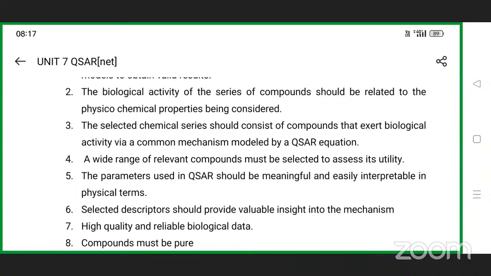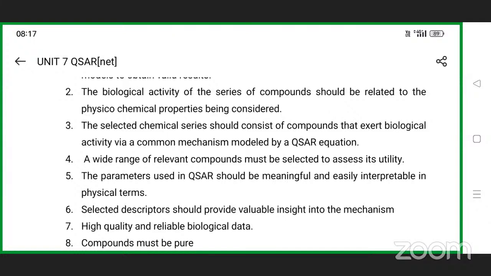For example, while you are proceeding with the QSAR method, if you select 10 compounds, the probability of getting results is less. But if you select 100 compounds, there is a possibility of getting a good result. Because, for example, if 90 compounds are outliers, at least the other 10 compounds will be selected for the further steps.